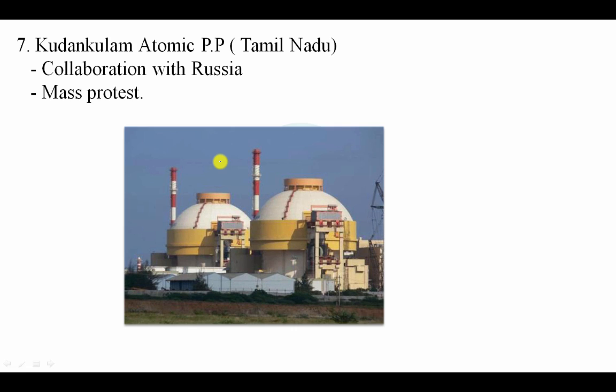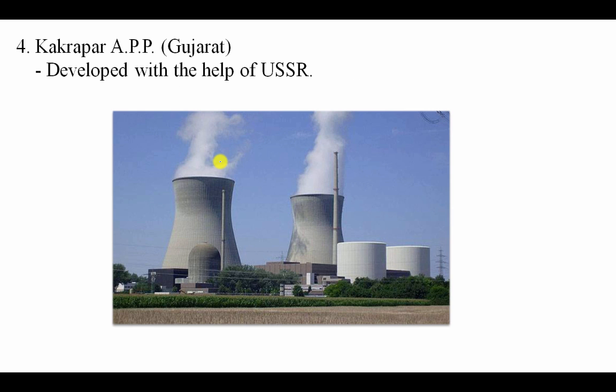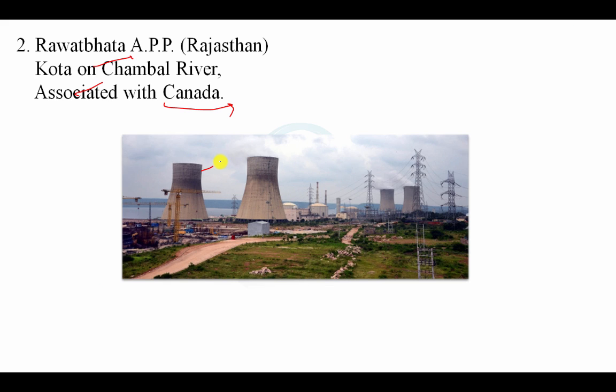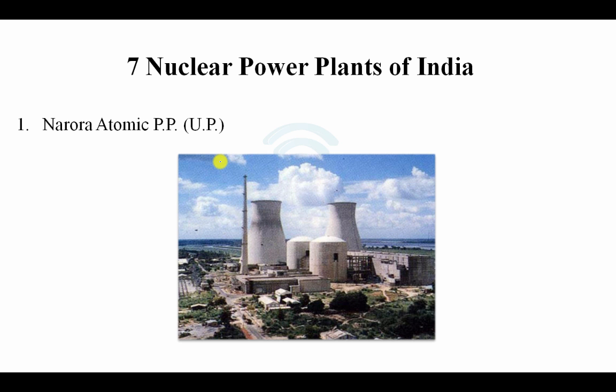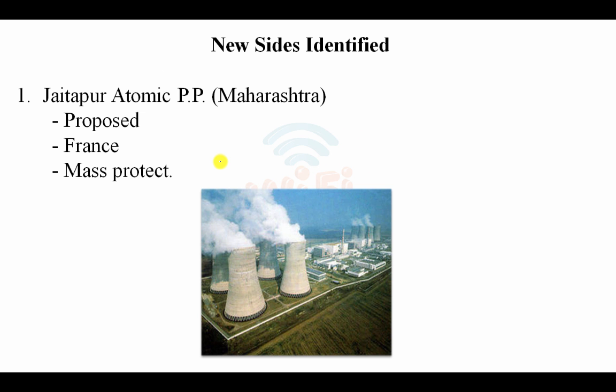It is in Tamil Nadu, and it is also made with the help of Russia, and there was also a mass protest over that atomic power plant. So Kudankulam and Kalpakam both are in Tamil Nadu. Kaiga is in Karnataka. Kakrapur is in Gujarat. Tarapur is in Maharashtra. Rawatbhata is in Rajasthan, and Narora is in UP. These are the 7 power plants that you need to learn.